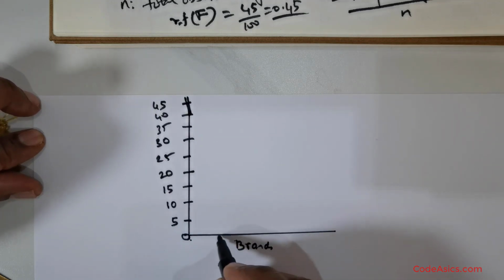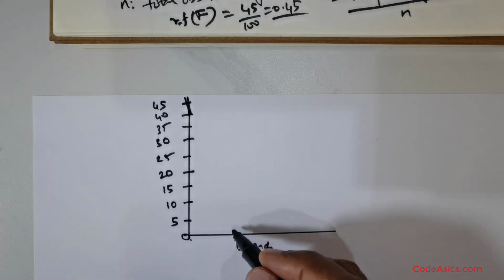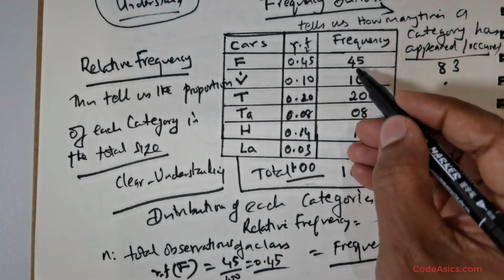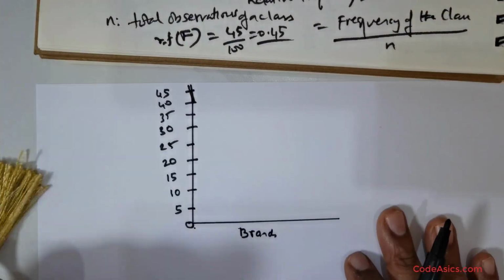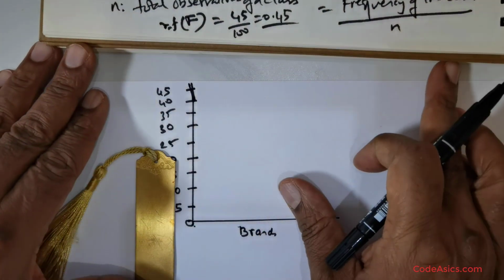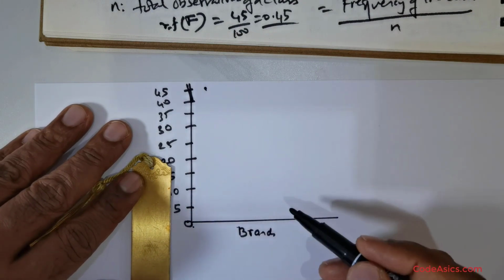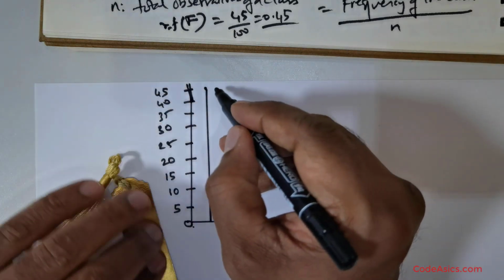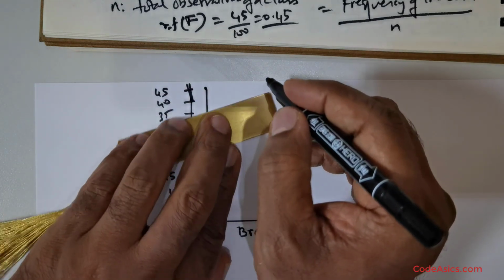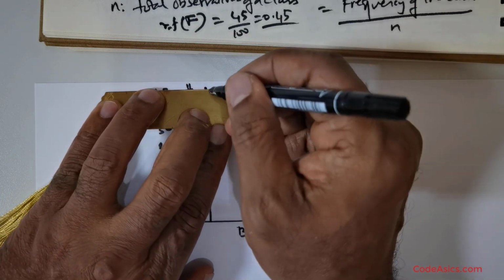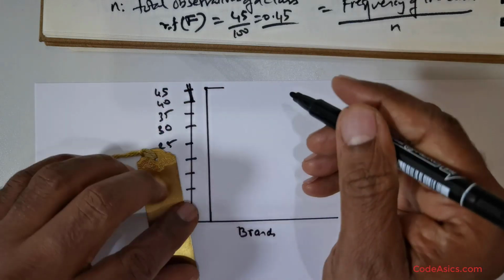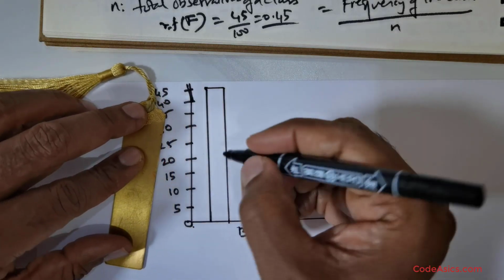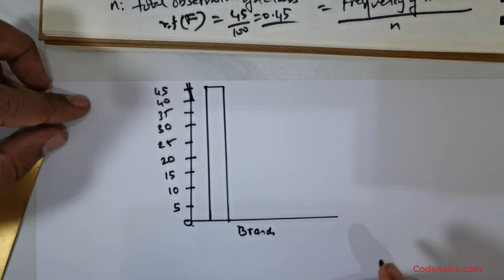Now the first brand is Ford, right? Ford has got, let me show you, Ford has got 45. So what you need to do is just go and click on 45, and you drop down a perpendicular, and then this measurement you can approximately take, say 0.5 or something like that, and drop this down, because that has got no symbolic inferences for this figure that I am drawing.